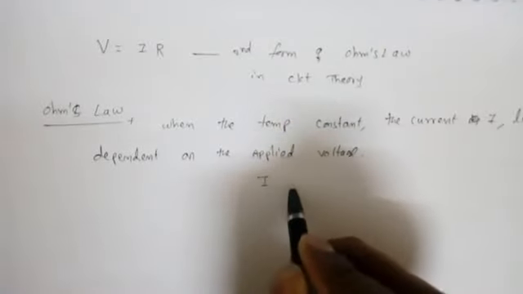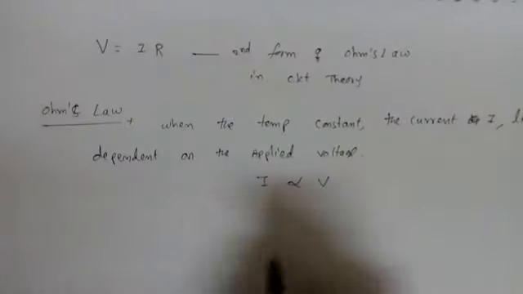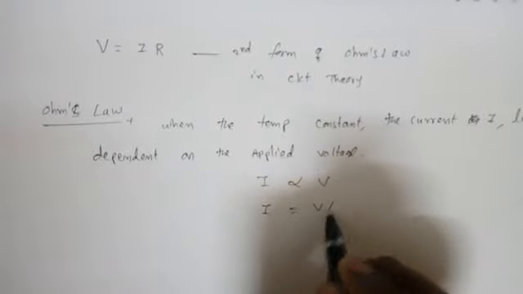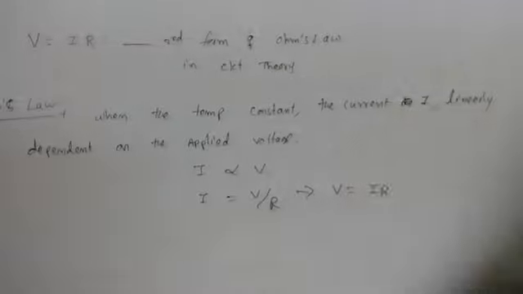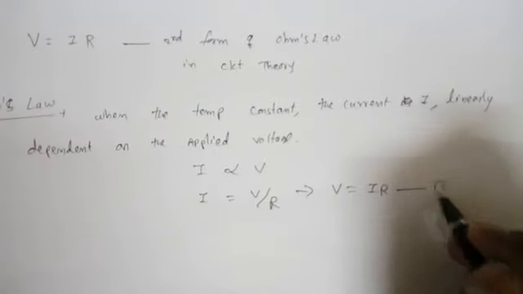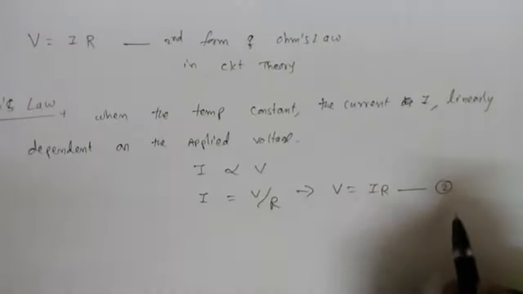That is, I is directly proportional to V. Now I is equal to V by R. It can be written as V is equal to I into R. This is the second form of Ohm's law in circuit theory.